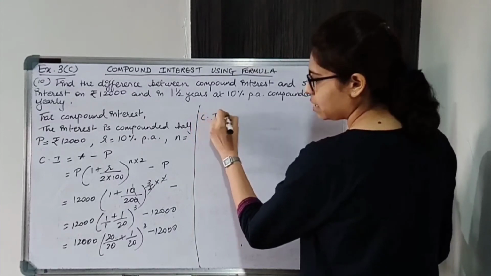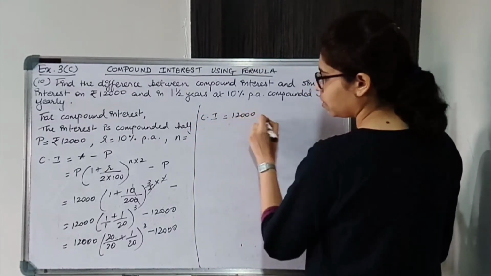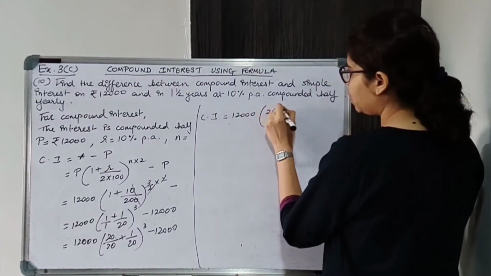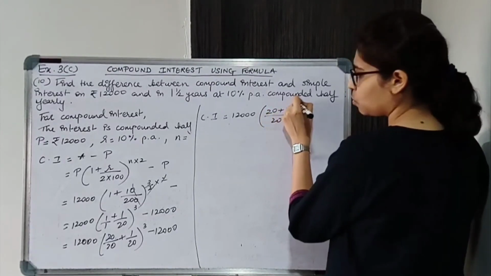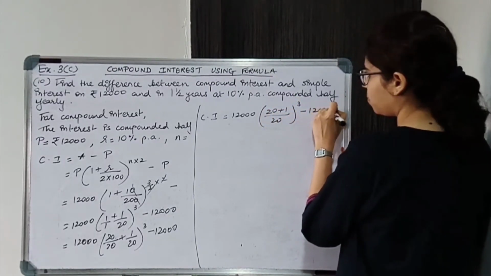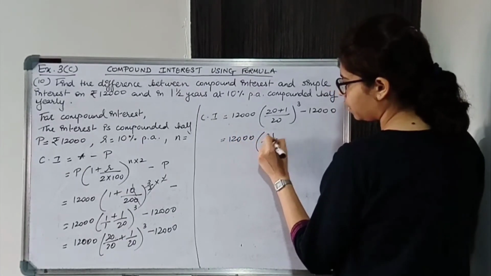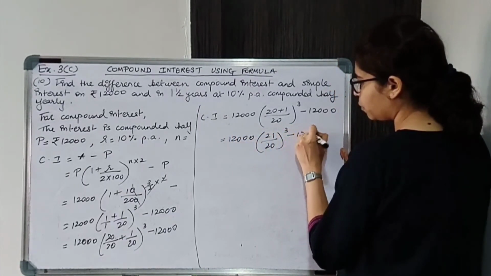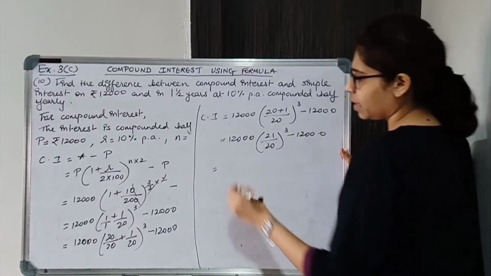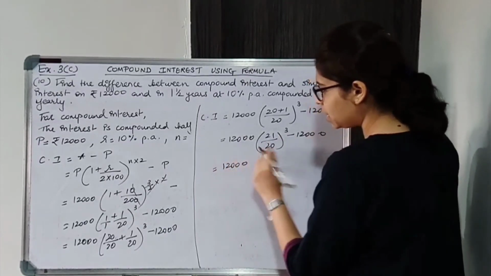So CI is equal to 12,000 into 20 plus 1 upon 20 raised to 3, minus 12,000. So 12,000 into 21 upon 20 raised to 3, minus 12,000. Now zeros will get cancelled.